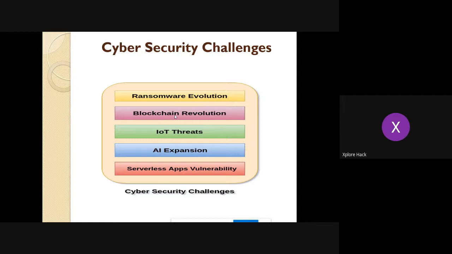So moving to the next one, blockchain revolution. The blockchain revolution technology is the most important invention in the computing era. It is the first time in human history that we have a genuinely native digital medium for peer-to-peer value exchange. This technology enables cryptocurrencies like Bitcoin, one of the great, fast-moving trends.